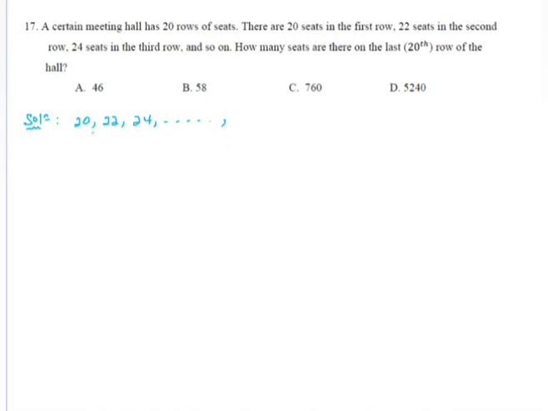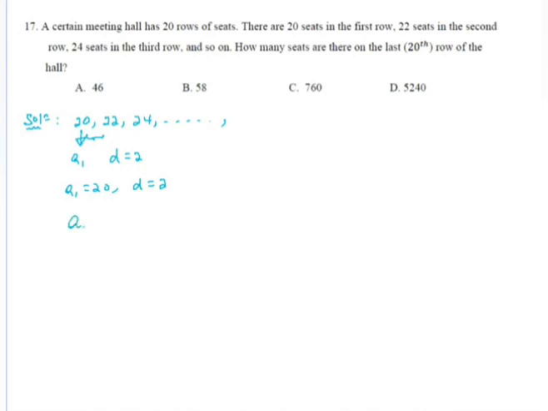If we look at the pattern of these numbers, the difference between the consecutive terms is constant. So you can assume 20 as the first term, and the common difference is 2, so that we can determine the number of seats on the 20th term.